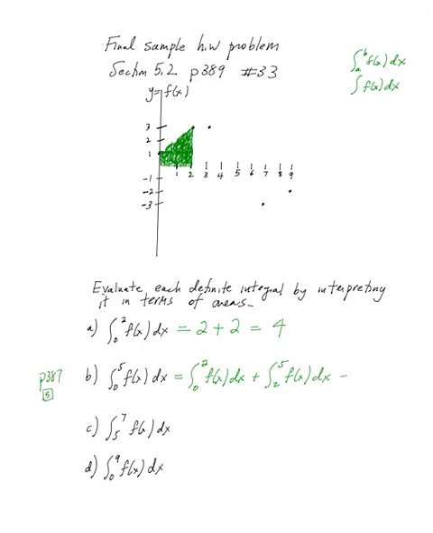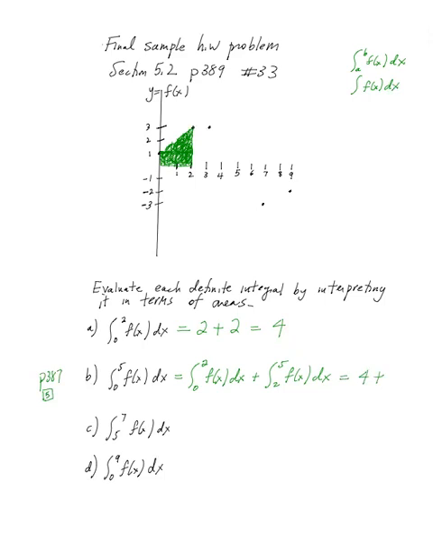Okay, we already know the value of this first definite integral from 0 to 2 was 4. Now let's figure out the value from 2 to 5. Well, notice from 2 to 5, the function is still above the x-axis.